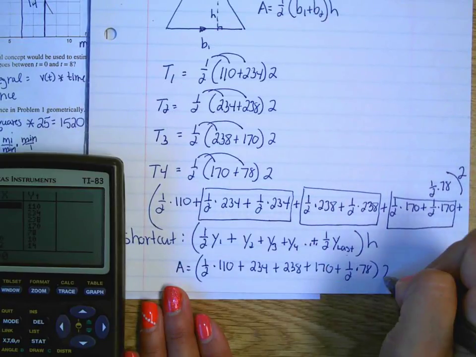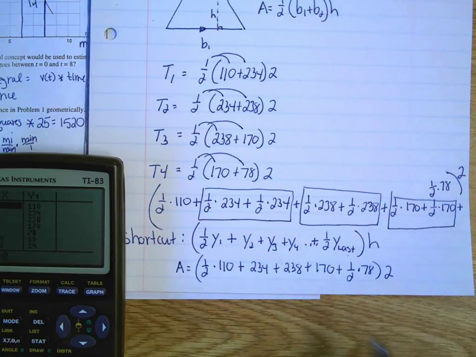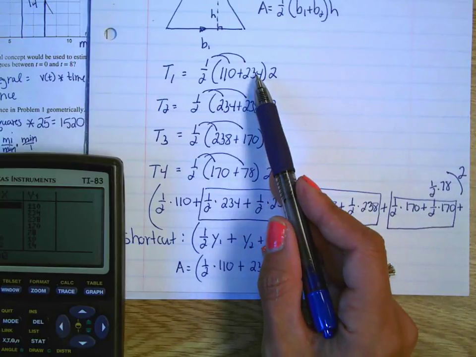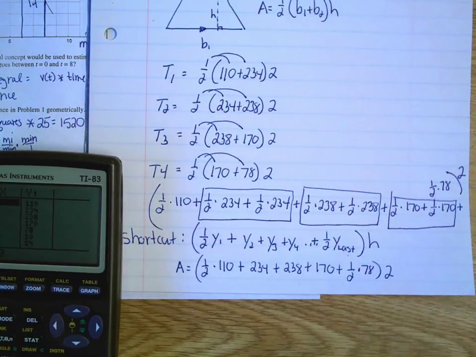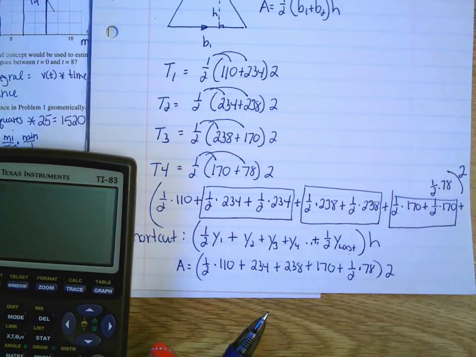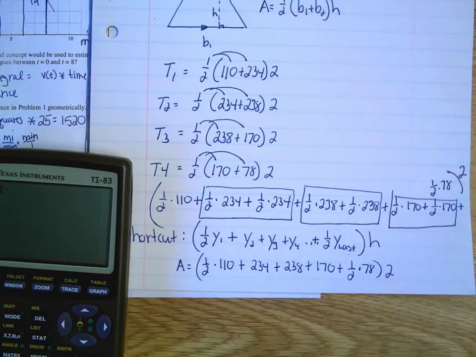Do all that times the height of 2. Okay, so all of the middle ones are added as a whole because I get a half of a 1 on one trapezoid plus a half of a 1 on the second trapezoid, making a whole one. So if you take the time to crank through that, you will get something I don't have written down. Oh, I do.